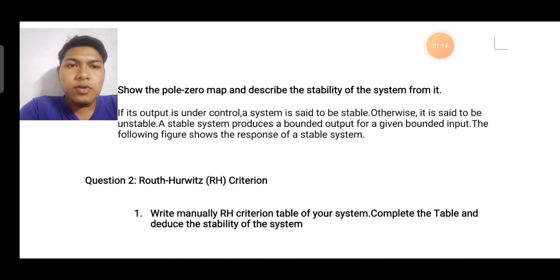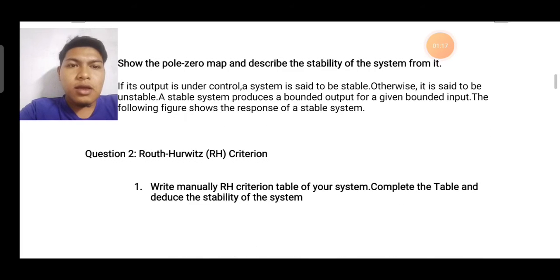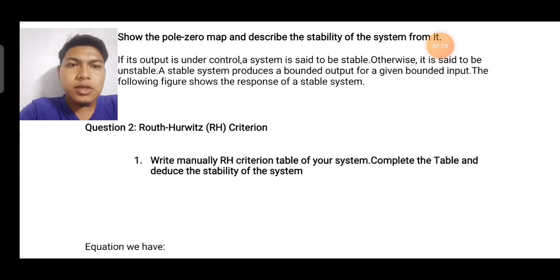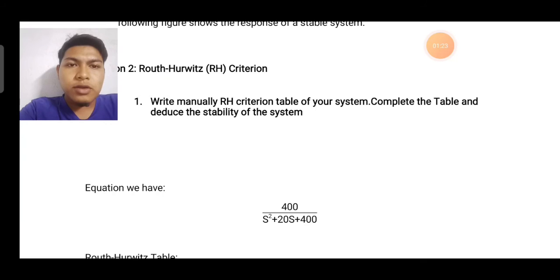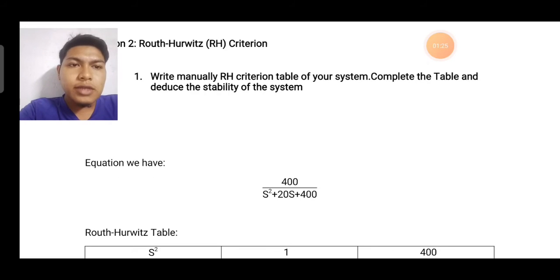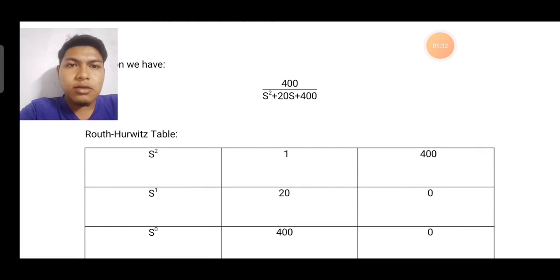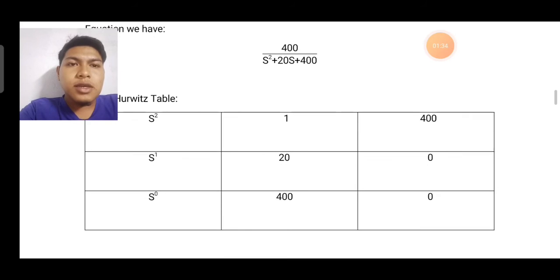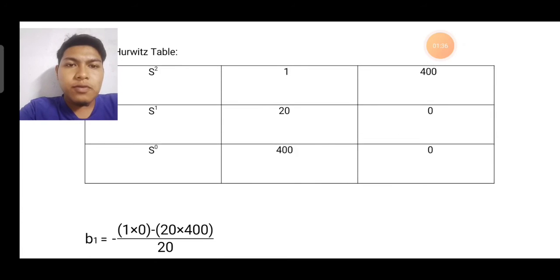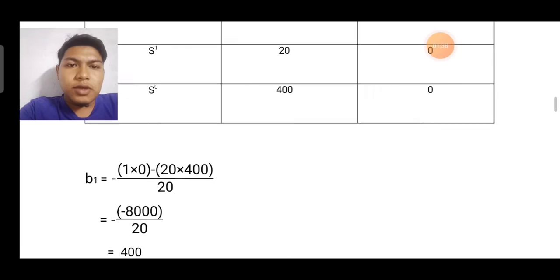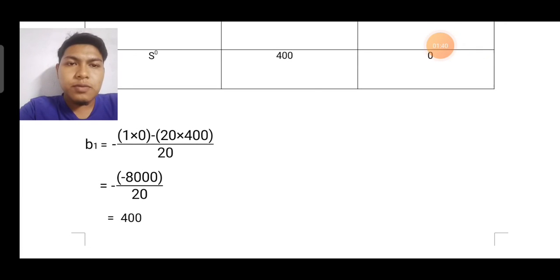For question 2, the RH criterion, first we write the RH criterion table manually. So we have the equation 400 over s squared plus 20s plus 400, and I make a table, and we find B1 using the formula.